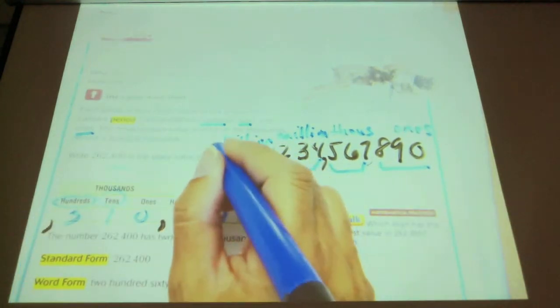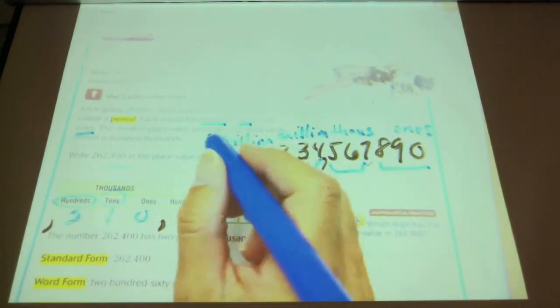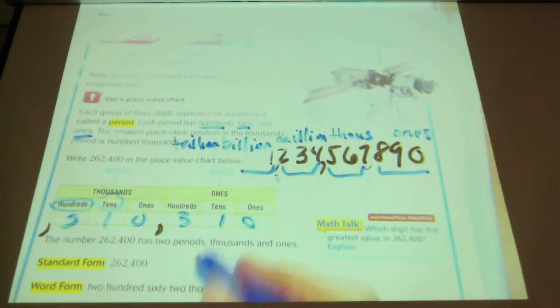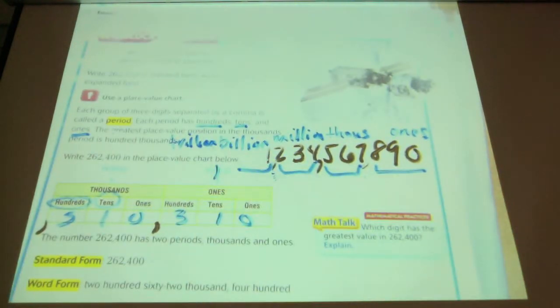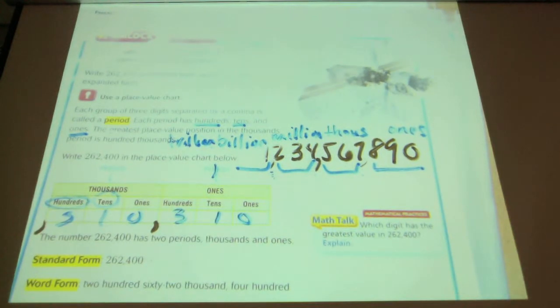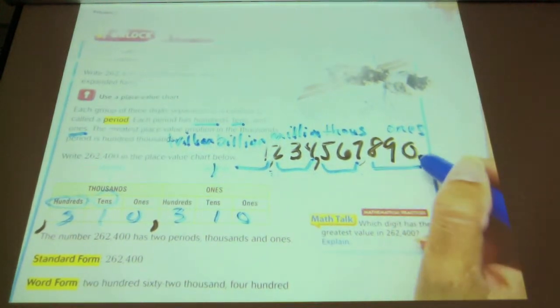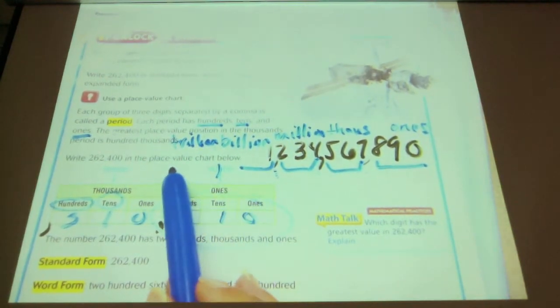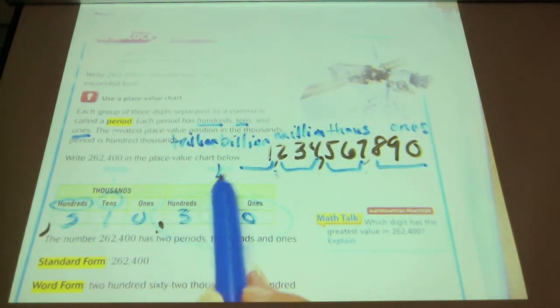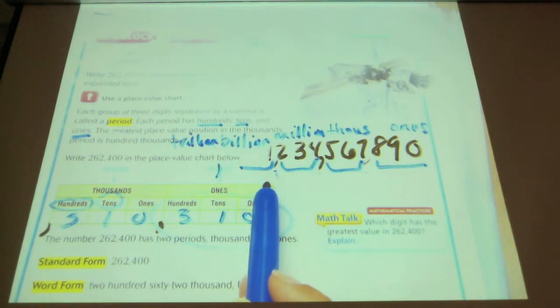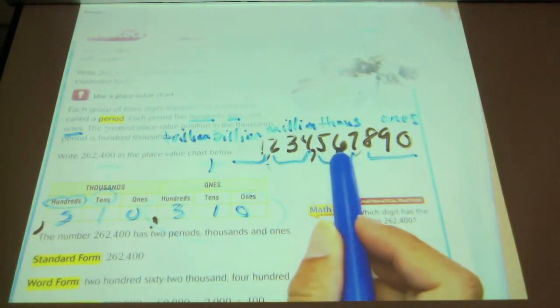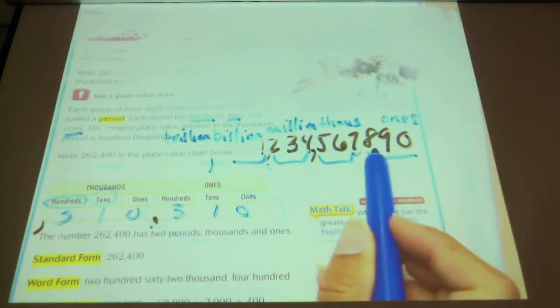What do you think the next period is after billions? Trillions. So if I gave you a number that was in the trillions, you would just read those 3 digits just like you were reading them in the ones period. Just like you would read this. So you would say whatever it is, and then you would say trillion, and you'd say whatever these are, and then you'd say billion, and then you'd say 234,567,890.